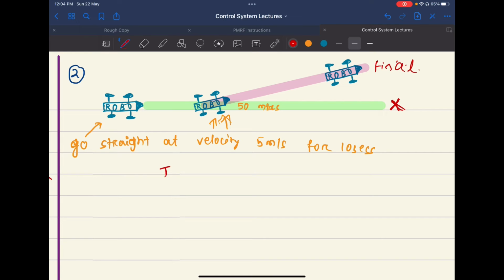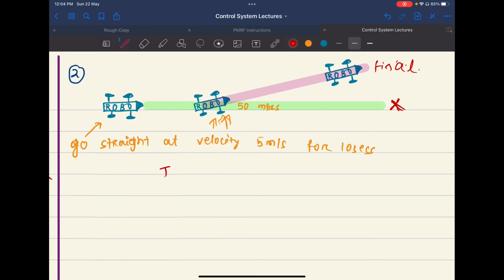Then it will gradually decrease its angle and come back to this, and again follow this path. So any sensor, we will add to its feedback. Feedback means whatever output I am getting, my input depends on that. Does my input know what output I am getting, so that I can strategize accordingly.